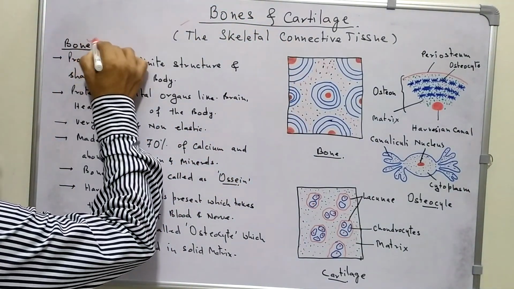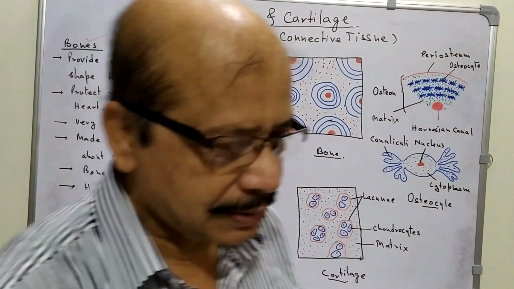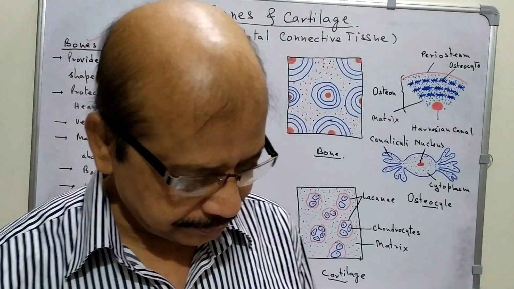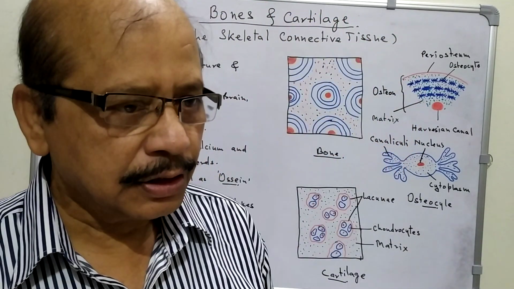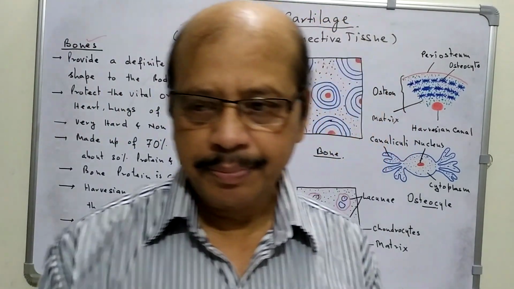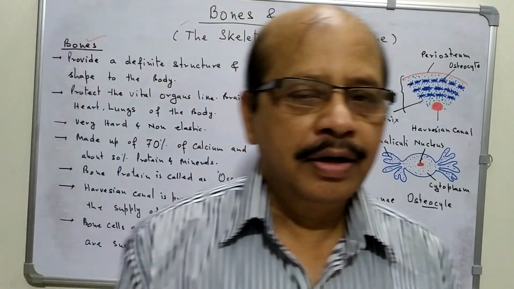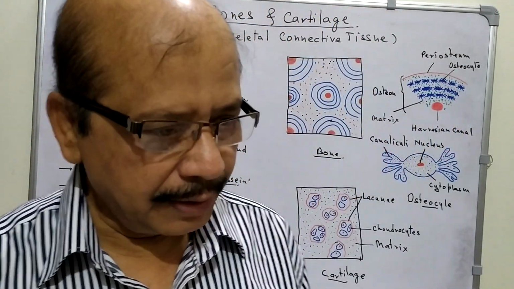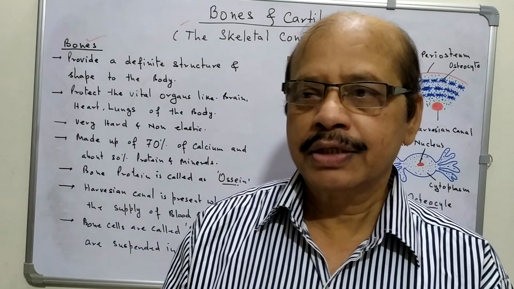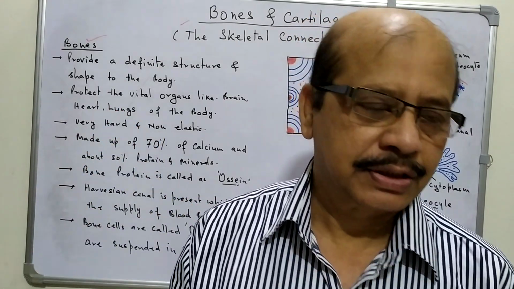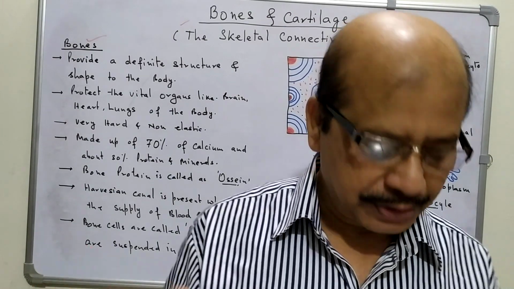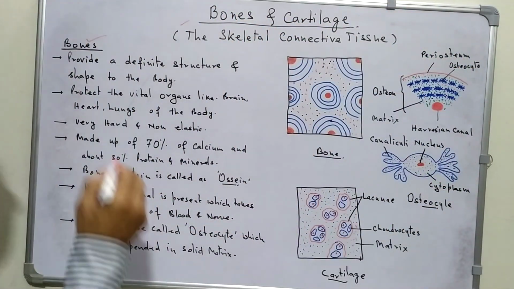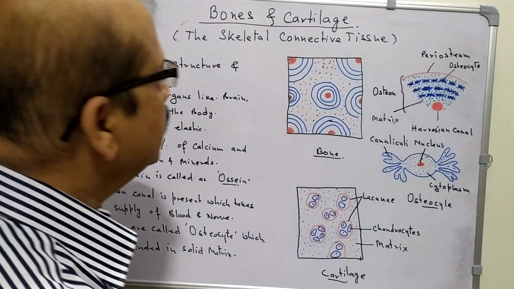First, bones. Bones are the hardest part of the body and provide a proper structure to the body. If a body is devoid of bones, it will be a mass of flesh and will not have any proper structure. So bones are vital organs of the body.